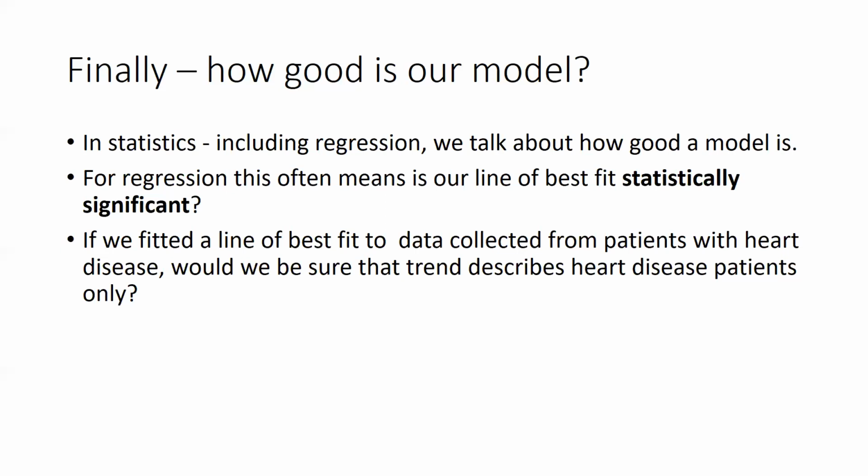So in the general population, you might have found some trend. You've taken your patients with heart disease and you've looked at some of the variables that contribute towards heart disease, so smoking and so on, and you find some trend. You get a line of best fit. You've calculated R squared, and so on.